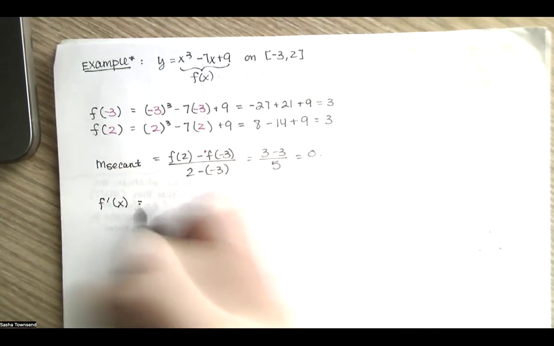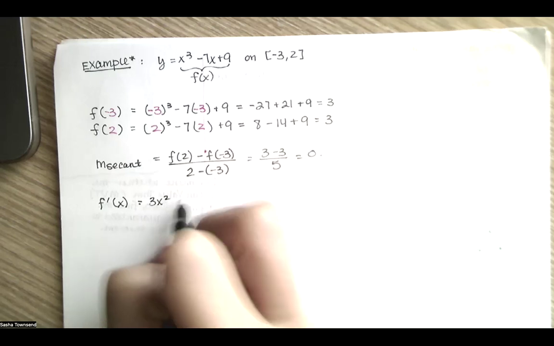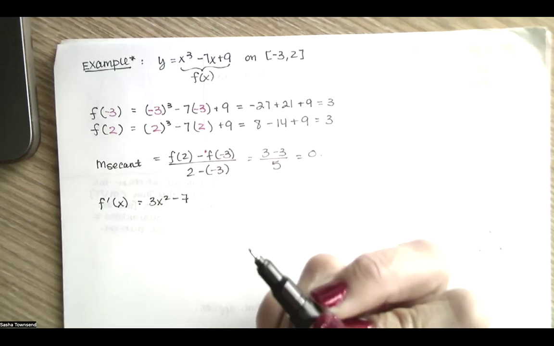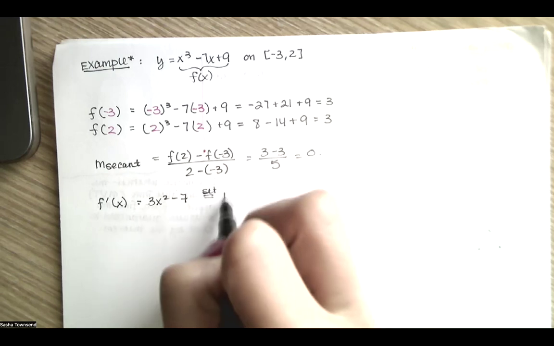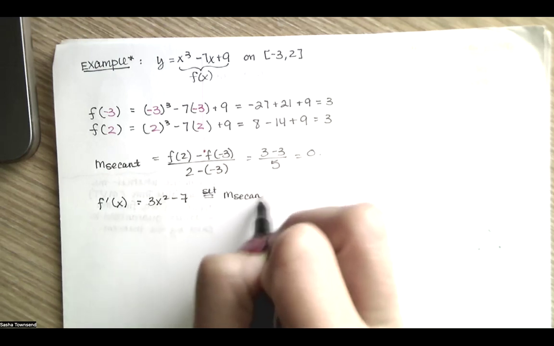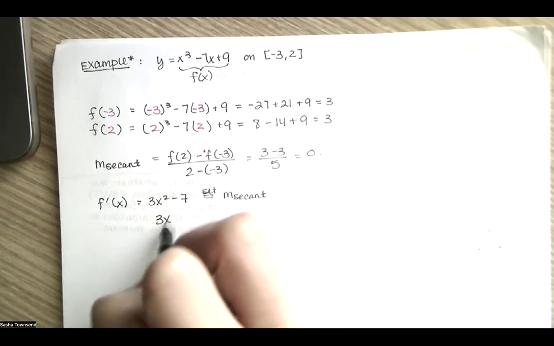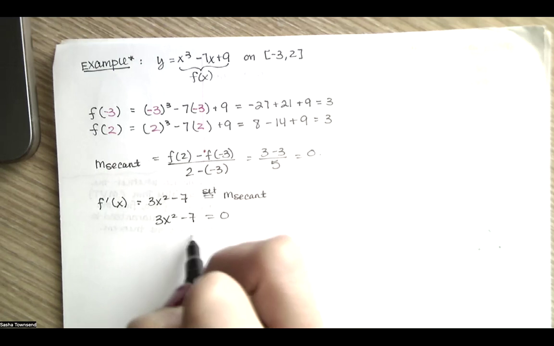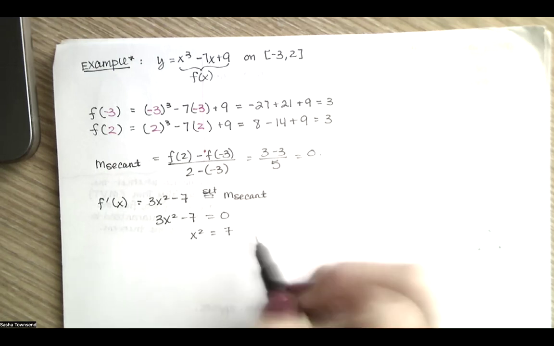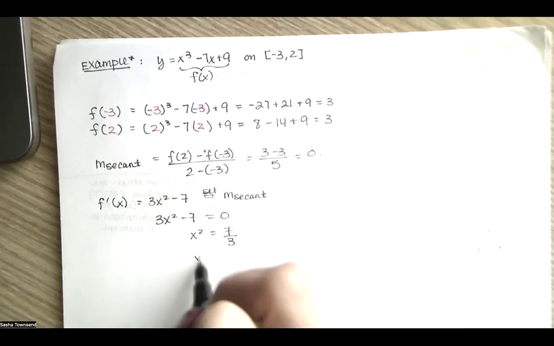So first we need to compute f prime. I think we did this before in the Rolle's theorem examples. And then we set that equal to the slope of the secant. In this case, that's 0. And then we solve for x by adding 7 to both sides, dividing by 3, and then taking the square root.